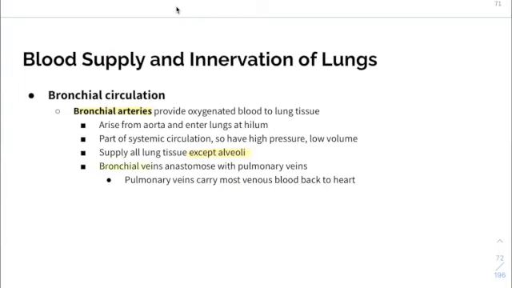We have bronchial veins that'll anastomose with pulmonary veins. Anastomose means that they connect up with. So those bronchial veins connect up with the pulmonary veins. And those pulmonary veins are going back to the heart with oxygenated blood.